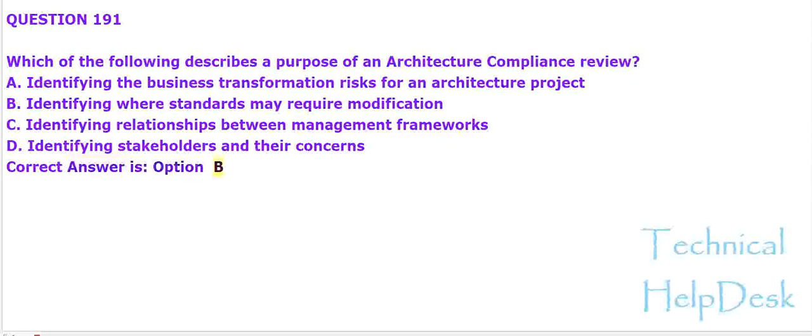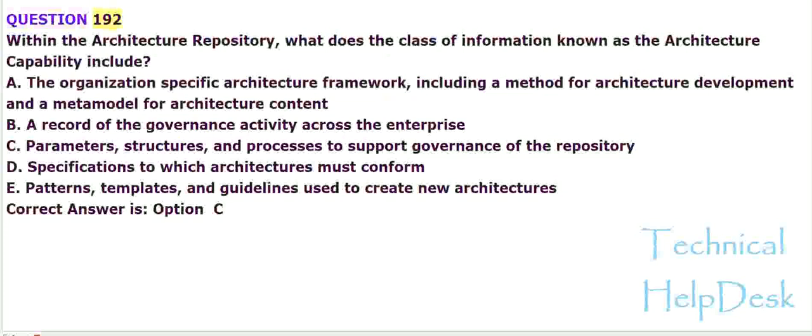Question 192. Within the architecture repository, what does the class of information known as the architecture capability include? A. The organization-specific architecture framework, including a method for architecture development and a metamodel for architecture content.